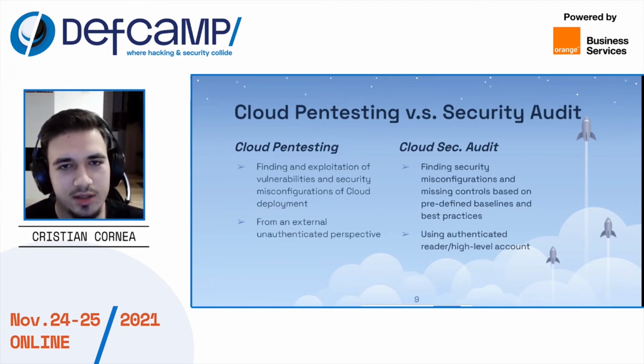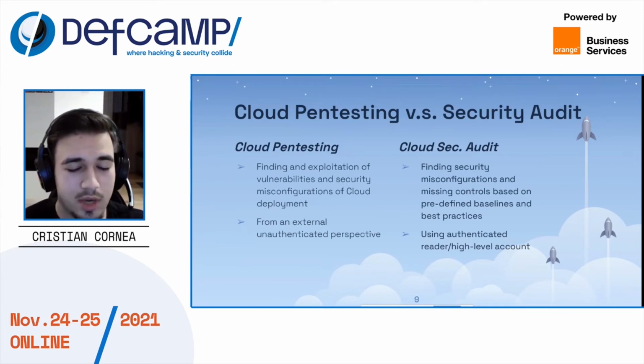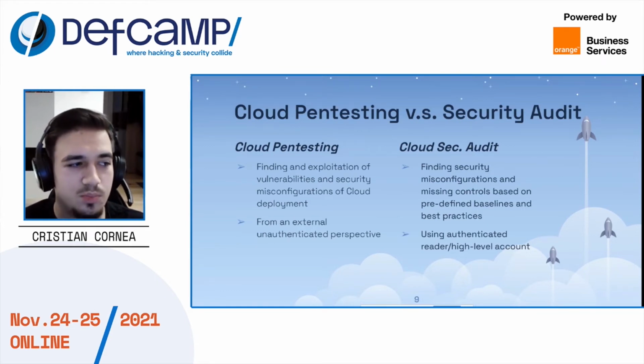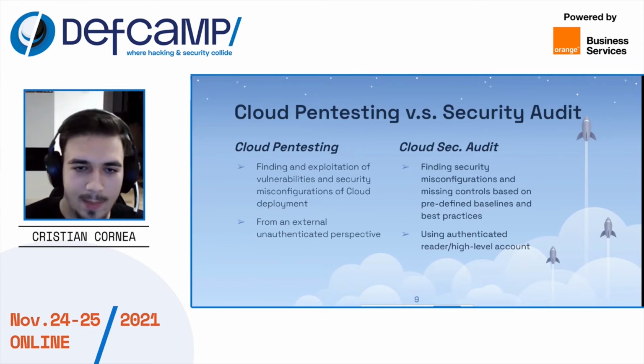It's basically done from an authenticated high privilege level, and we just check if best practices are in place for the cloud deployment, without actually exploiting those, or without actually finding ways to exploit those.